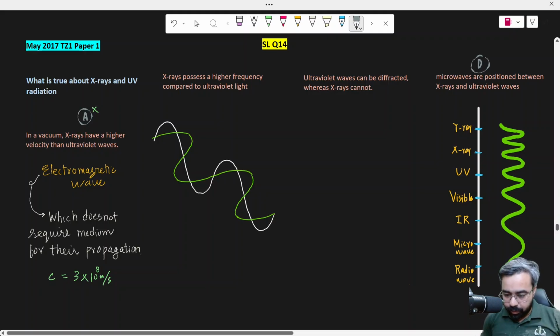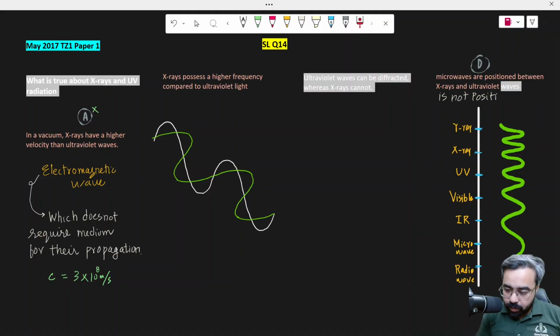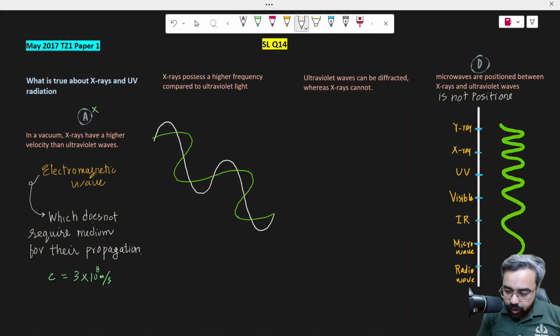And the last one is a radio wave, which has the longest wave, approximately up to 1000 meter, and has a minimum energy. So microwave, even though it has less energy than visible light, is clearly not between the X-rays and ultraviolet. It means it is not positioned between them. So option D is wrong as well.